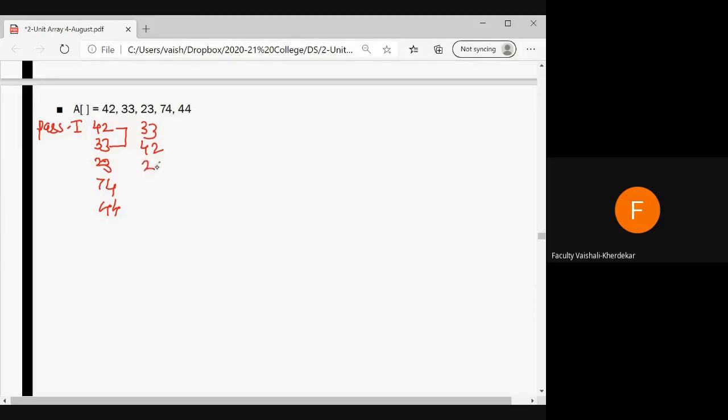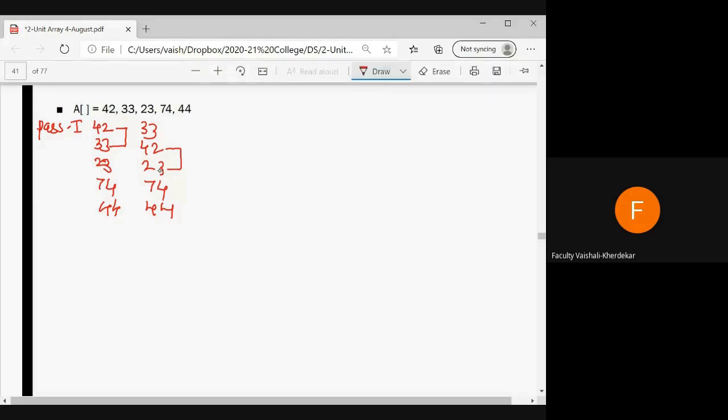Now it becomes 33, 42, 23, 74, 44. Then in the next iteration, the second element is compared with the third element. Now it is 42 and 23. 23 is less than 42, which means you have to interchange the values.